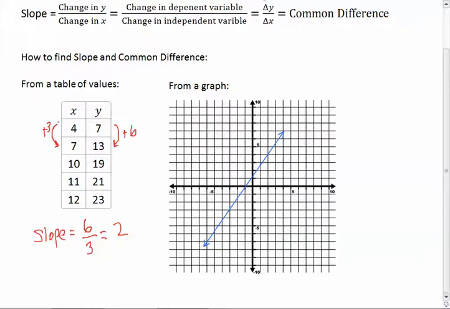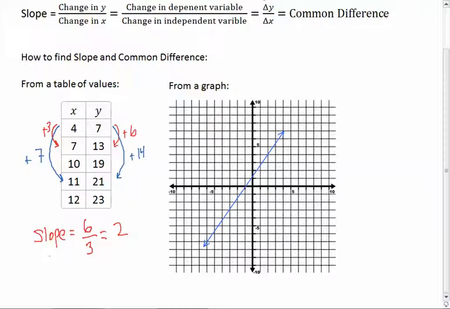I could go from this one to this one, and this one to this one. It's still going to work. So the jump from 4 to 11, what's that? It's 7. From 7 to 21? 14, thank you kindly.